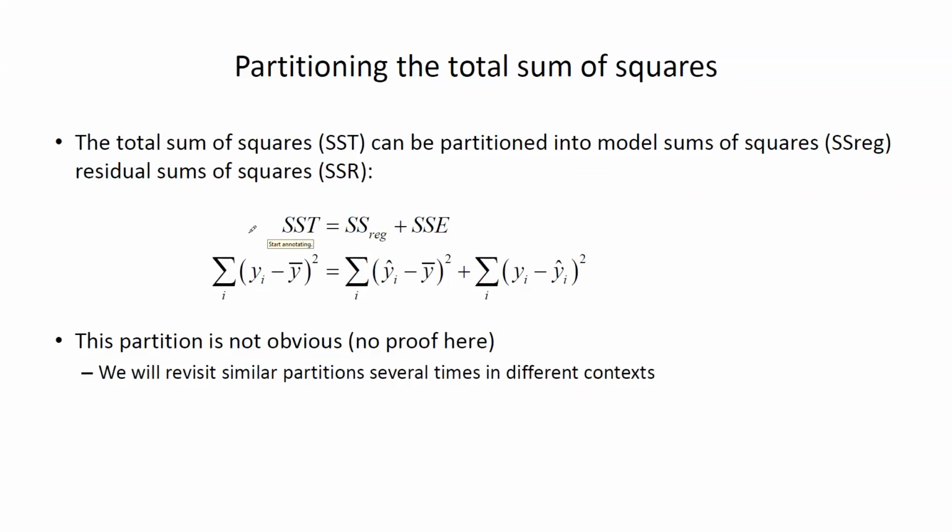So the total sums of squares can be partitioned into two elements, the model sums of squares, here's the sums of squares regression, and the residual sums of squares, or the sums of squares error. The total sums of squares is just the observations, yi, minus the grand mean, or the average of all the observations.